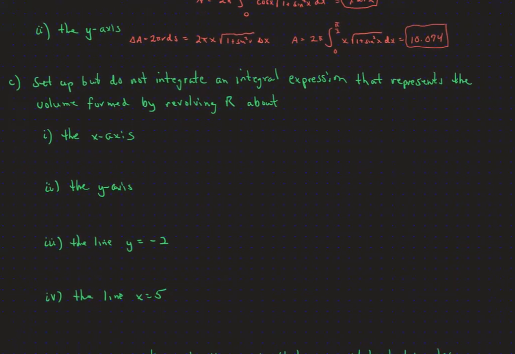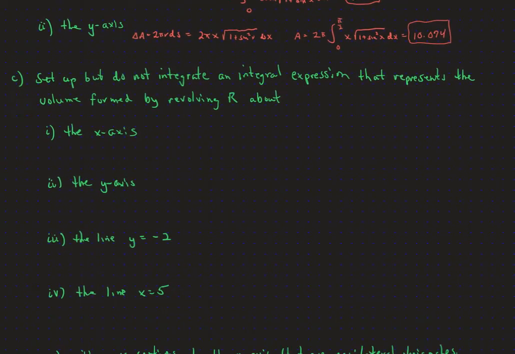Set up, but do not integrate, an integral expression that represents the volume formed by revolving that region R about the x-axis. So in this case, we are going to have our little region R, and if we're going about the x-axis, and we look at that little rectangle and spin that around the x-axis and then pull it out and lay it down, it's going to be a disk.